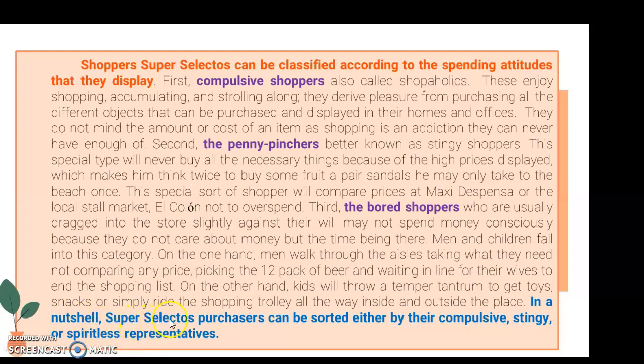And then I'm saying that super selectos shoppers, again, can be sorted, they can be classified, they can be divided, they could be typed, they could be labeled, they could be categorized, either by their compulsive, their stingy, or their spiritless representatives. Clear?